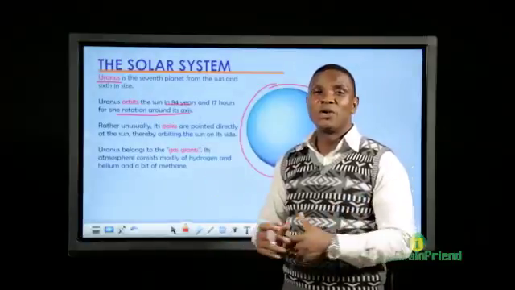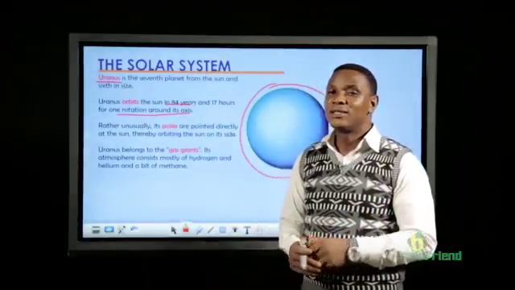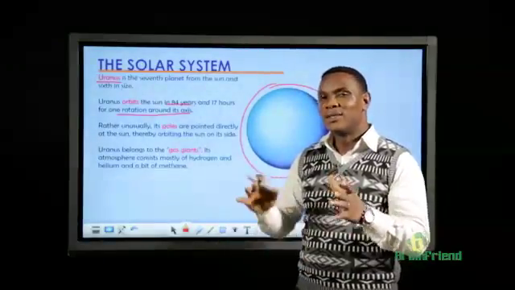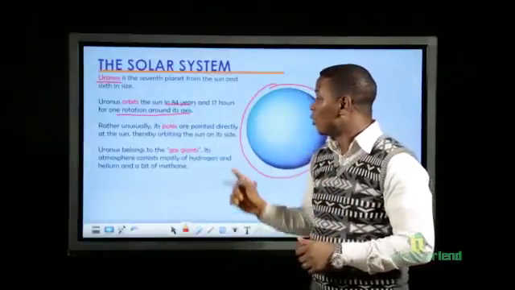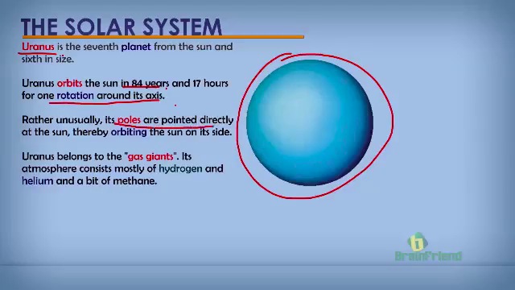Uranus is also a very unique planet in that it is the only planet that has its axis tilted in a sideways manner, which makes its poles point directly at the Sun, and thereby it orbits the Sun on its side. Uranus belongs to the gas giants. Its atmosphere consists mostly of hydrogen and helium, and a little bit of methane.